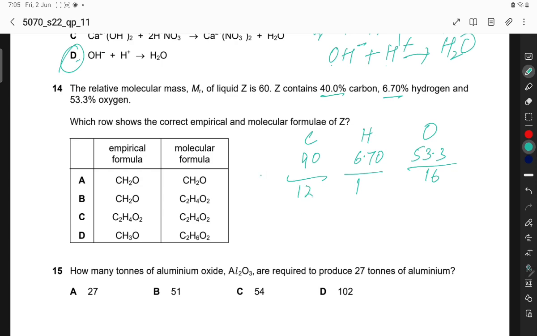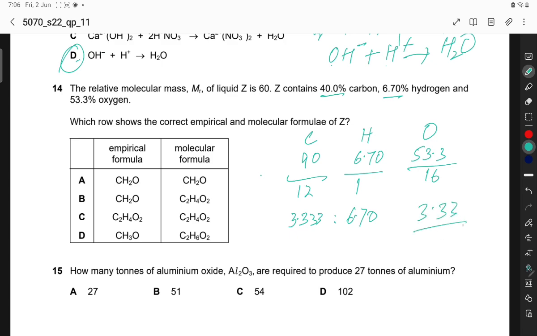So we have moles: 40 divided by 12 is equal to 3.33, 6.70 divided by 1 is 6.70, and 53.3 divided by 16 is equal to 3.33.